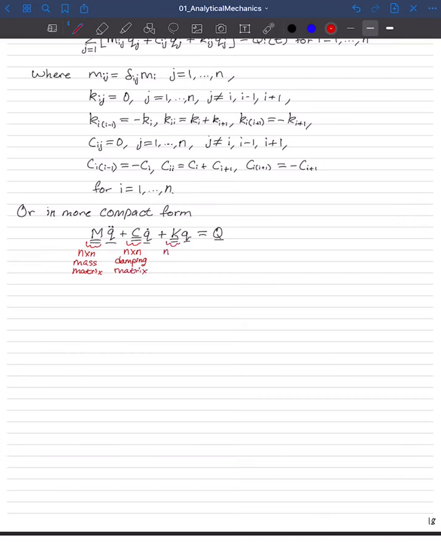K is the n by n stiffness matrix. And then, of course, Q, Q dot and Q double dot are n by 1 vectors.